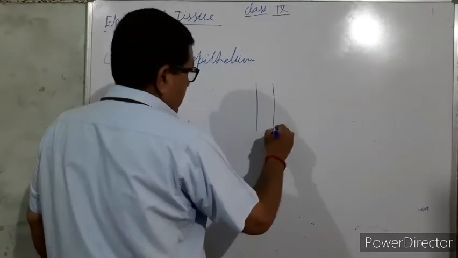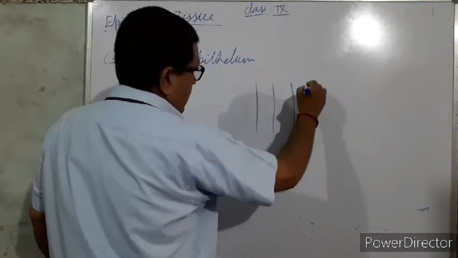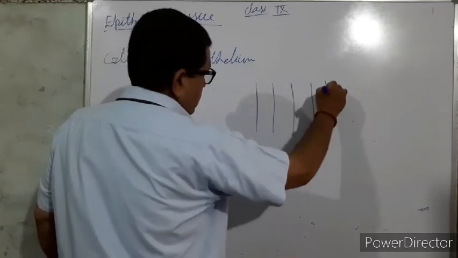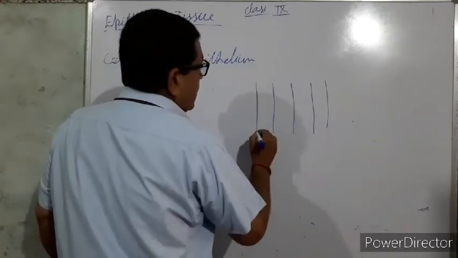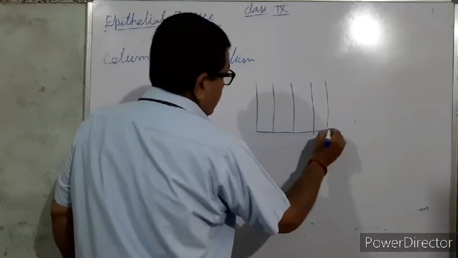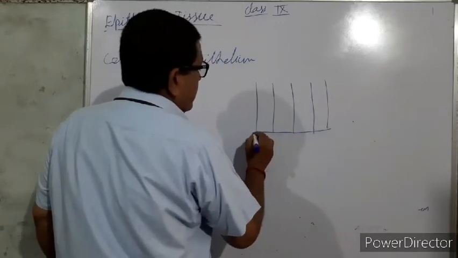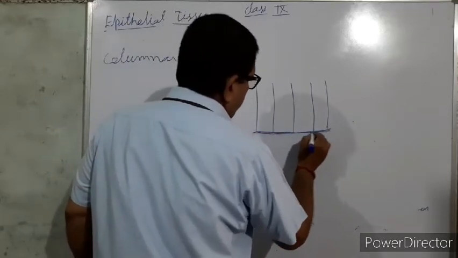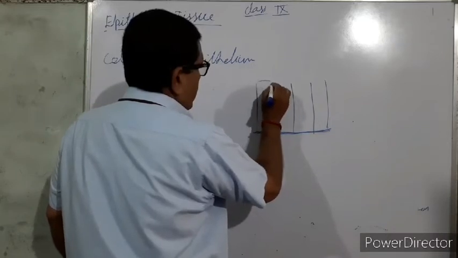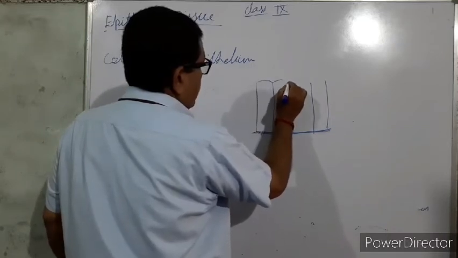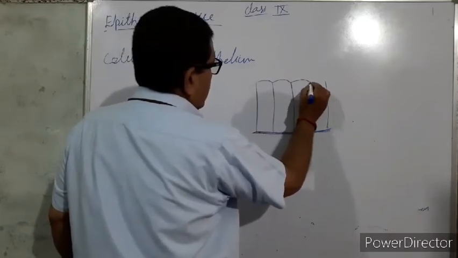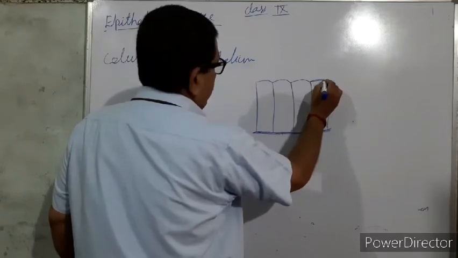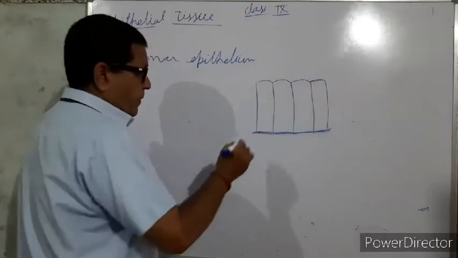Cells are elongated and they are kept on the basement membrane. This is the basement membrane and the cells are large and form just like a pillar. So the name is given as the columnar epithelium.